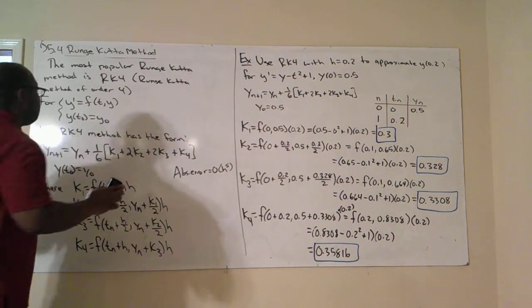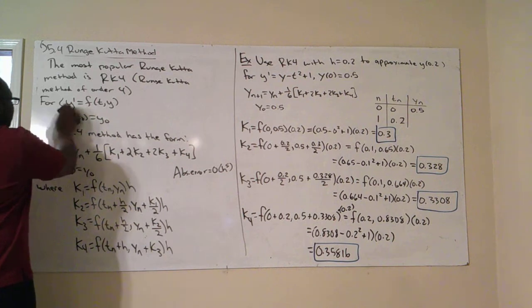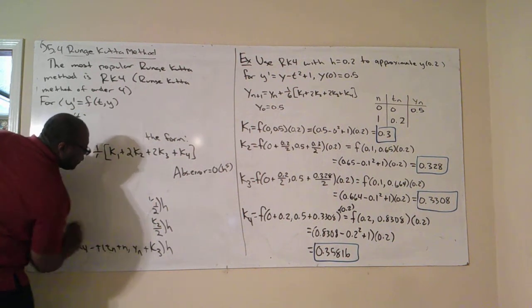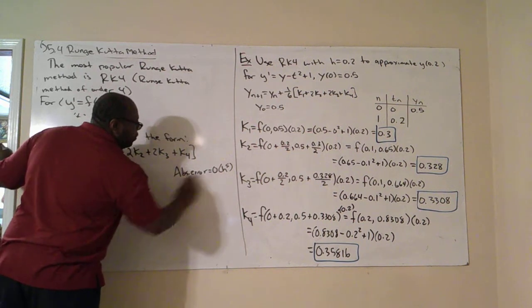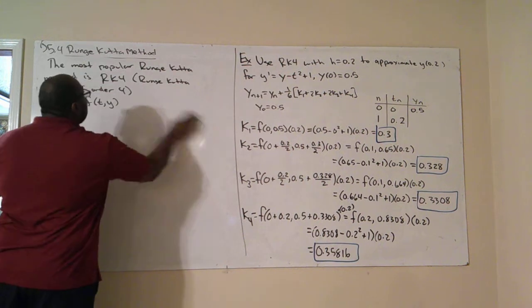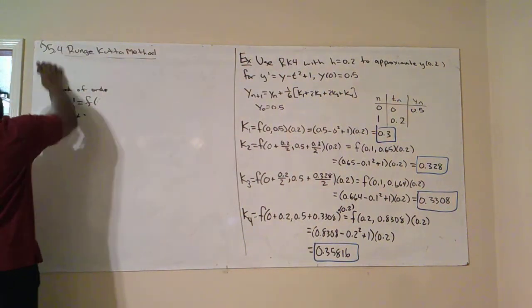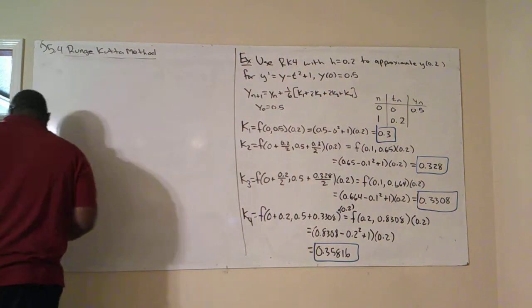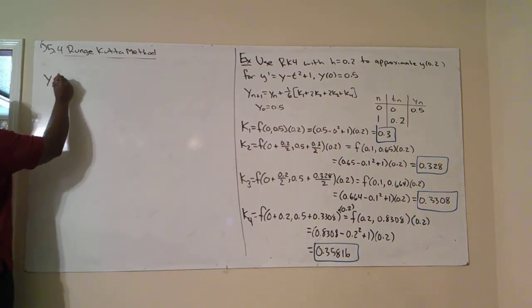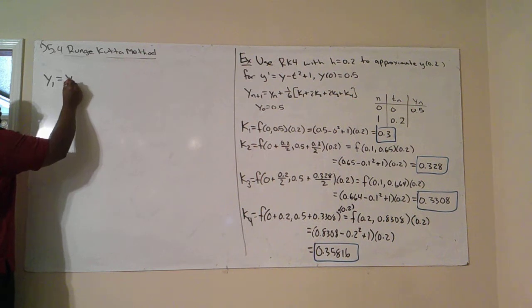Now, we did all of that so that we can predict Y1. We haven't predicted Y1 yet. So let's do that next. Y1 is equal to Y0 plus, so well, we know what Y0 is.